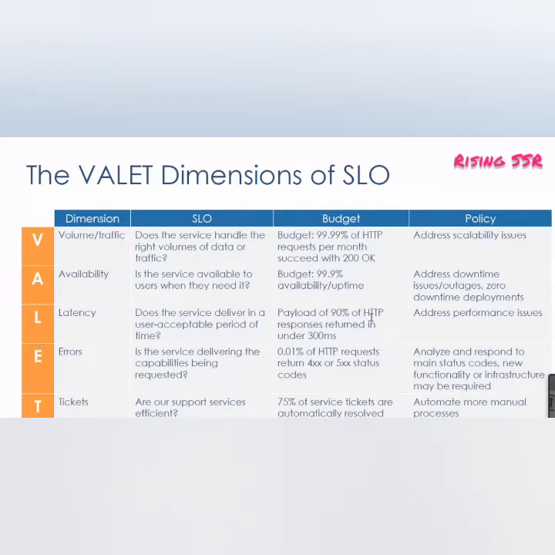E stands for errors, right? And those errors can be any kind of errors. It can be errors related to your application code, your application configuration, or your infrastructure. You can think of anything and everything related to errors. From your application perspective, you have HTTP 500, 404, 400, 200.